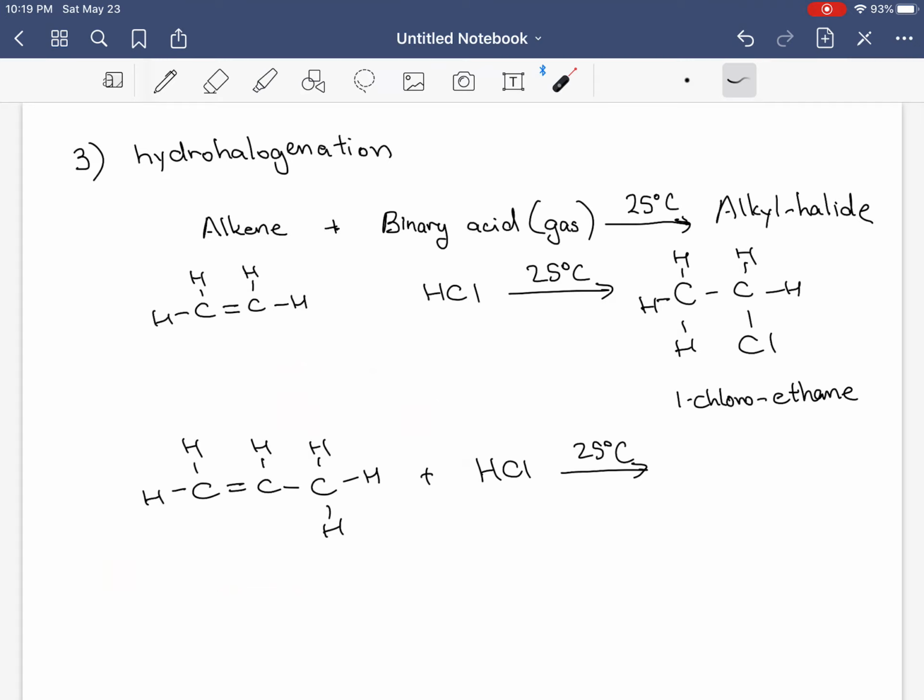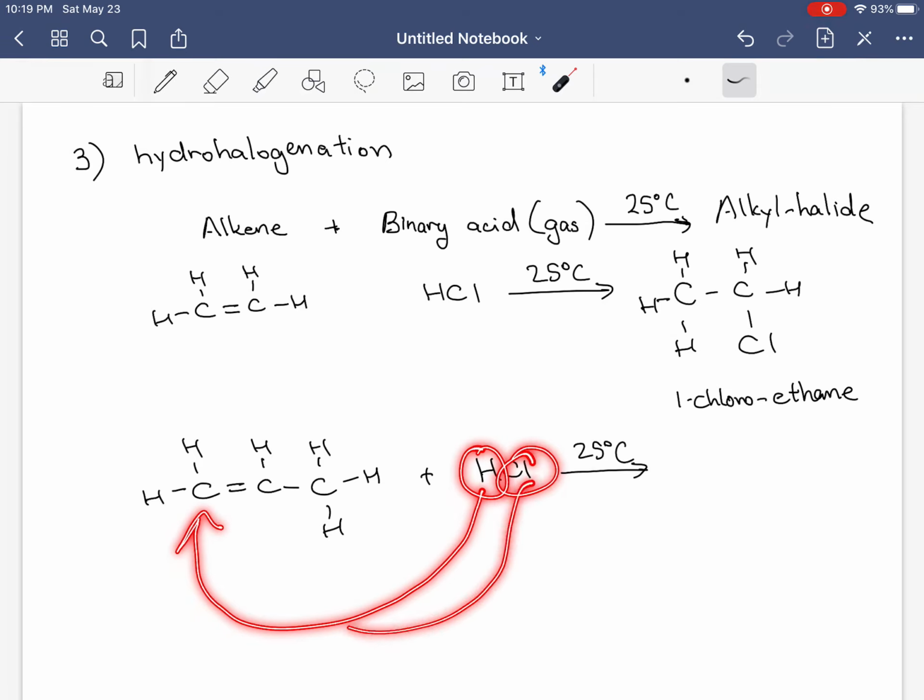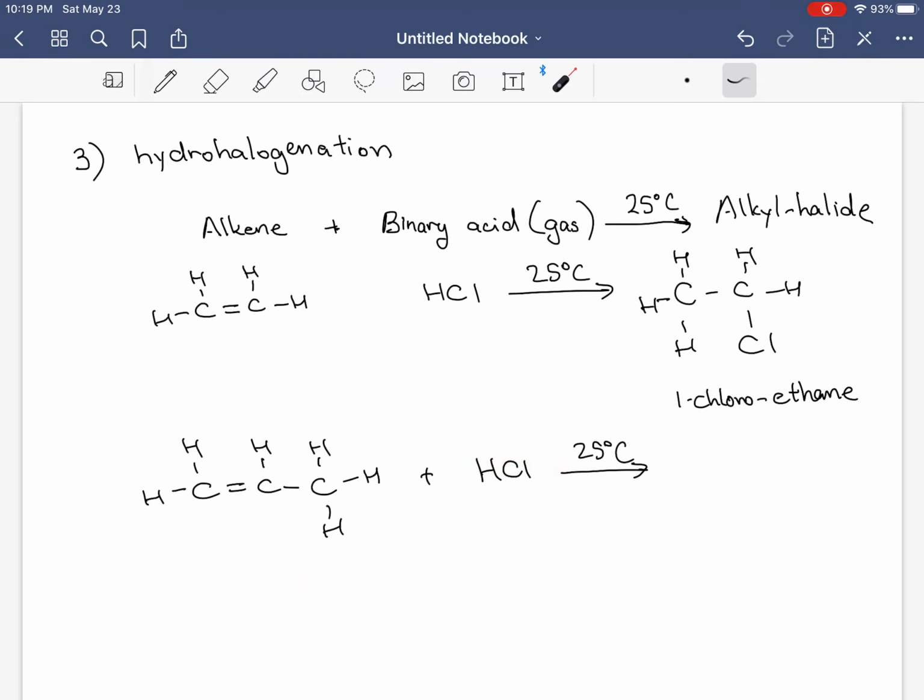Think about it. This H and this Cl will break apart. The H or the Cl can say, since this double bond is going to break, this H can go over here and the Cl come over here. No problem, right? Of course, no problem. You're going to get this. Let me just draw all the H's for today.